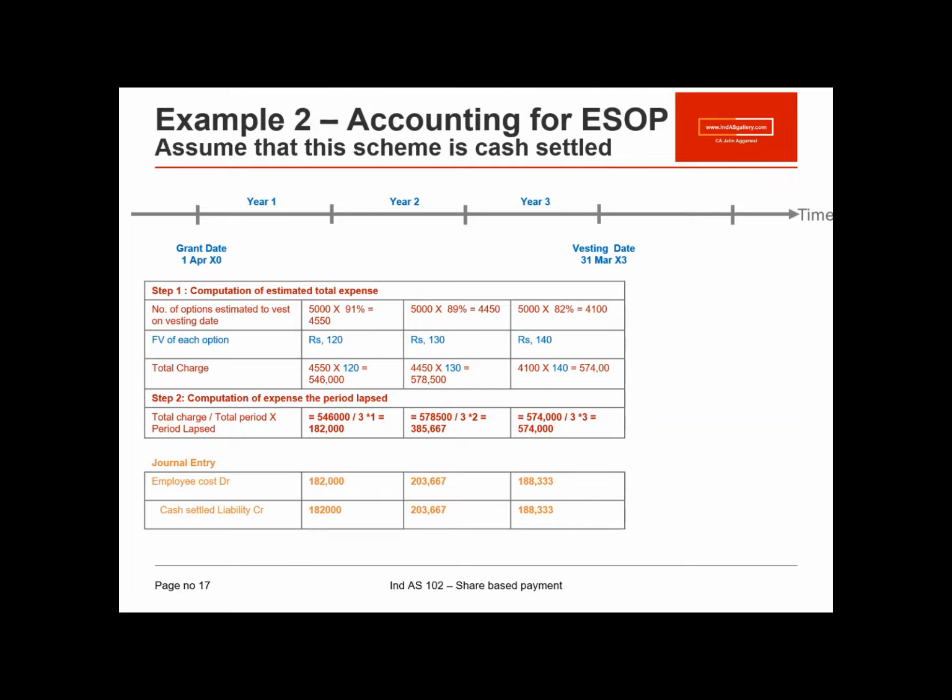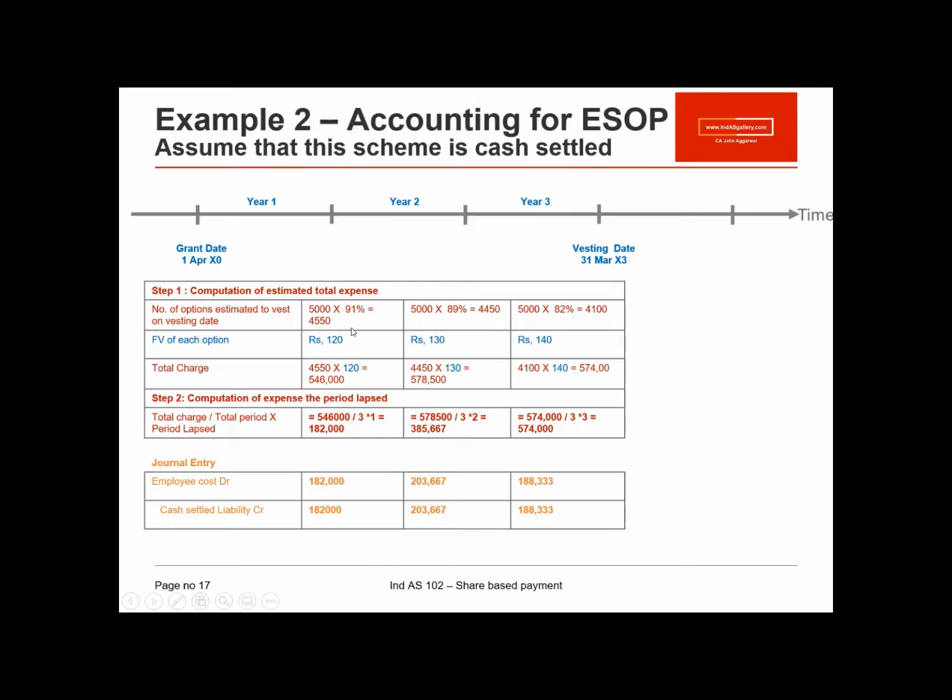When this was an equity settled example, we considered the fair value as on the grant date, that was ₹100 only. If this is a cash settled option, I will have to get the fair valuation done for these options as at each reporting period. In this case, I've assumed 120 as at year end 1, 130 as at year end 2, and 140 as at year end 3.